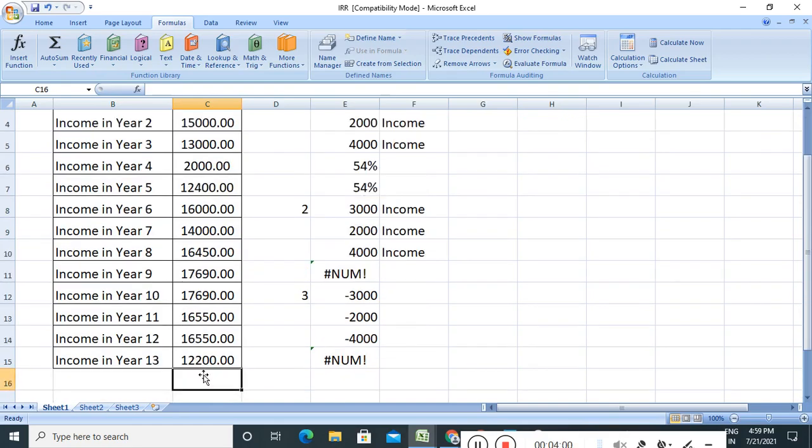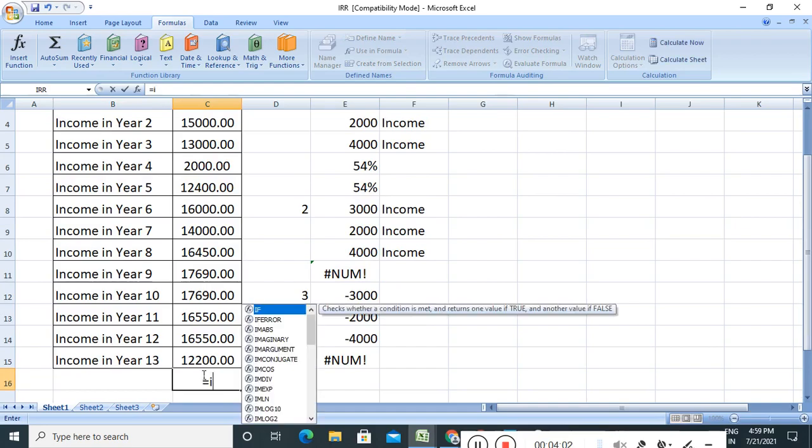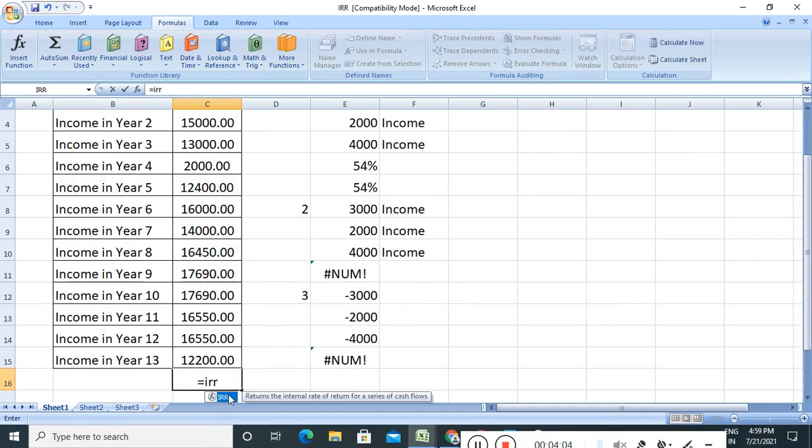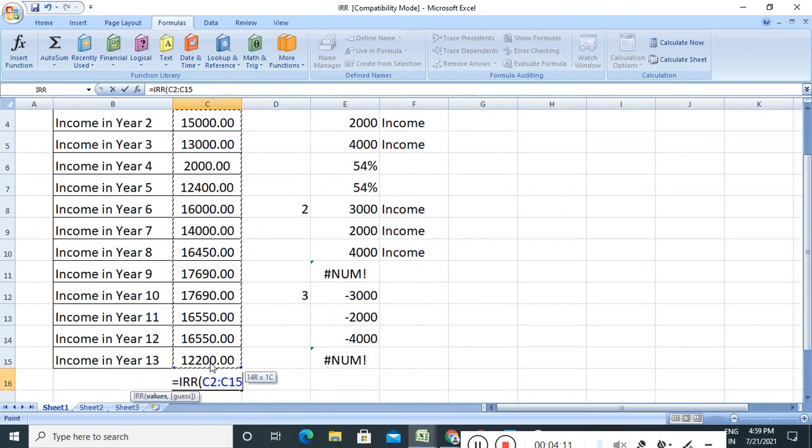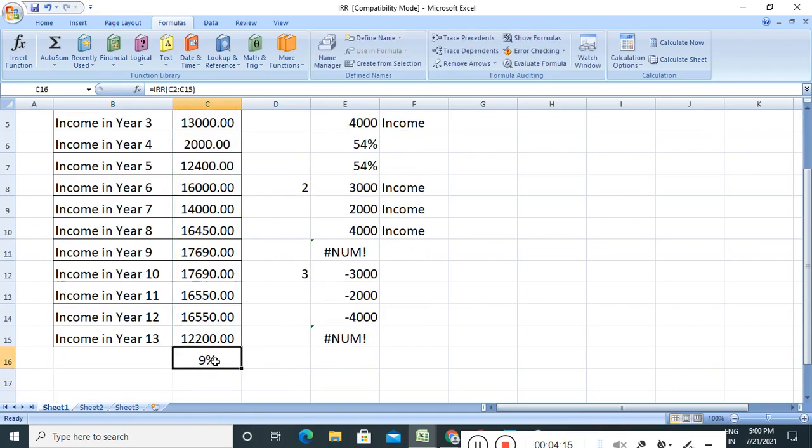So let us calculate: equal to IRR, select the values here. See the result, it is 9%.